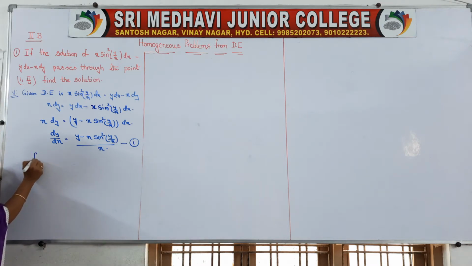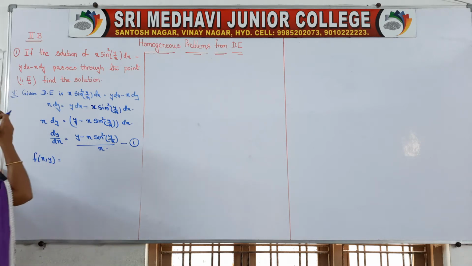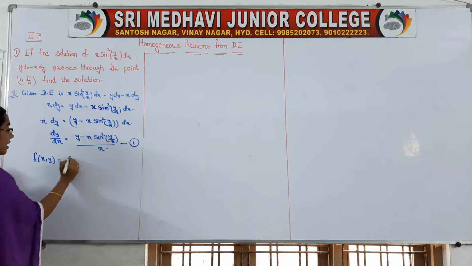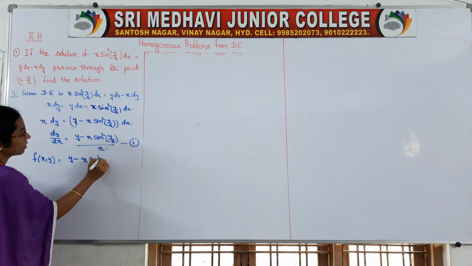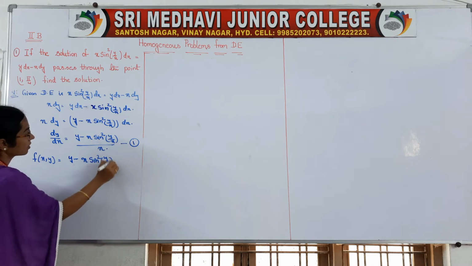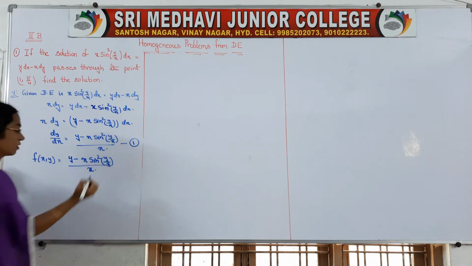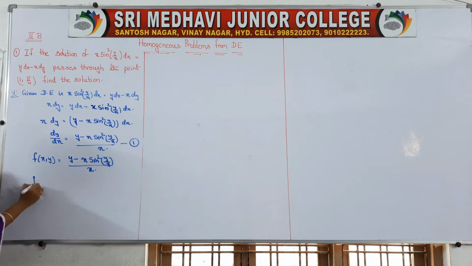Now take your function f of x comma y, which is nothing but y minus x sine square y by x, divided by x. Now take f of kx comma ky.